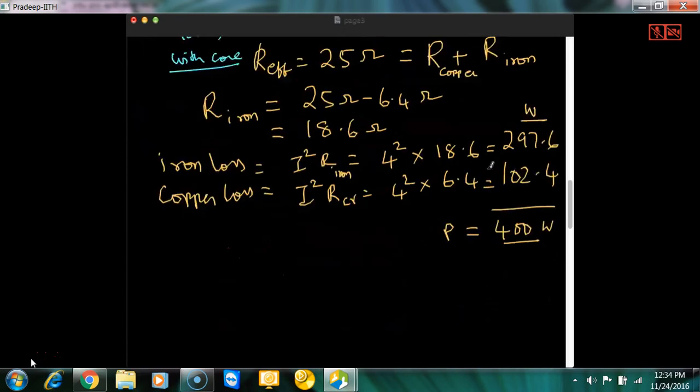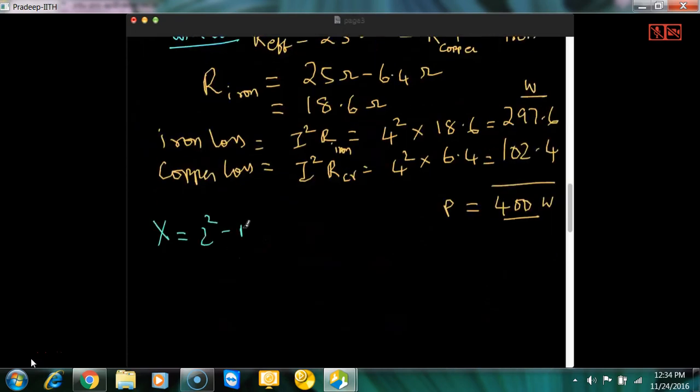So X is nothing but Z square minus R square under root, and this value is 43.3. So this is j, so this is XL. This is again from Aditya College of Engineering Technology.